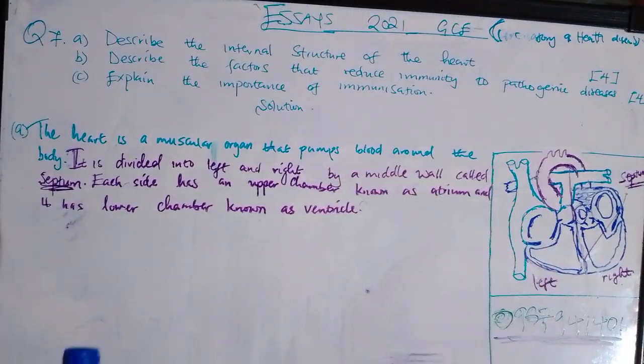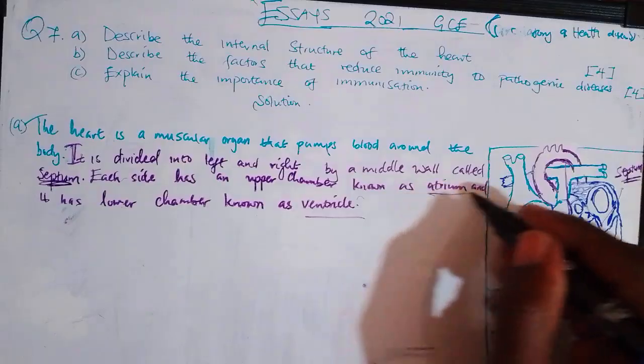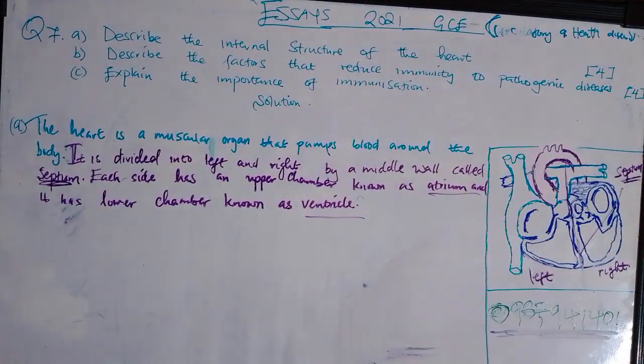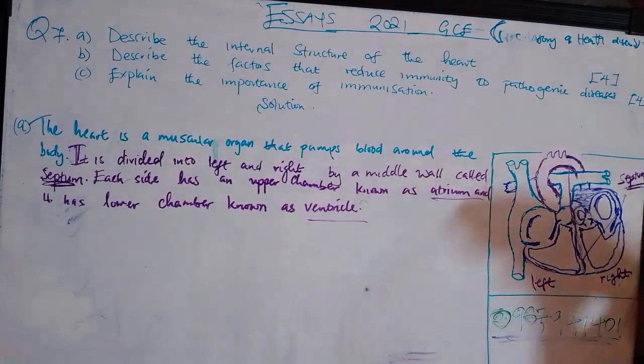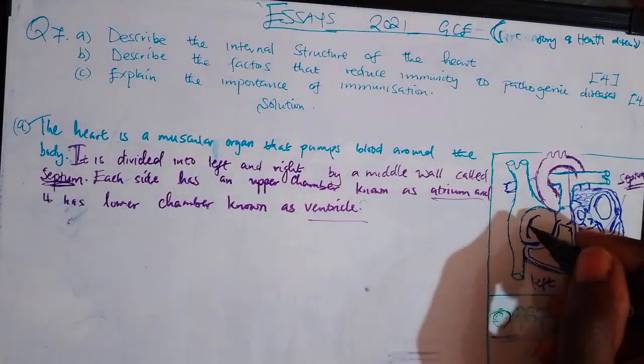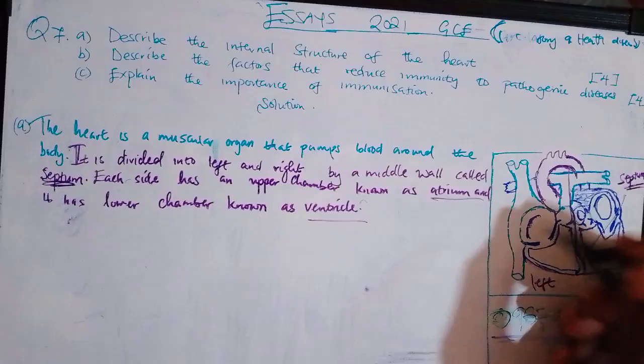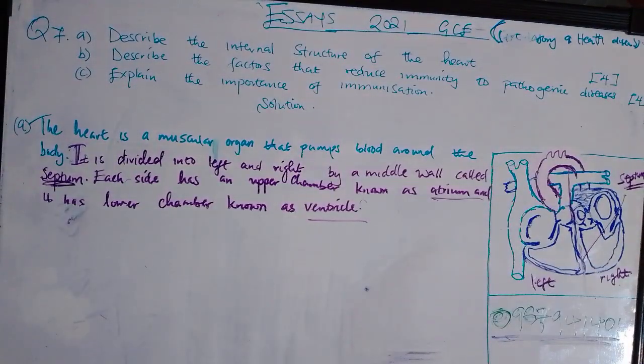So you have described the next thing which is found in the heart. It is divided into the left and right by a mid-wall known as the septum. Then each side has an upper chamber which is known as the atrium. Since we have both on the left and right, the atrium will take the name of the side.